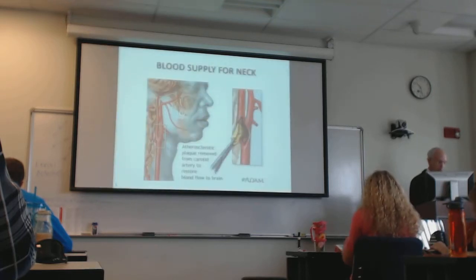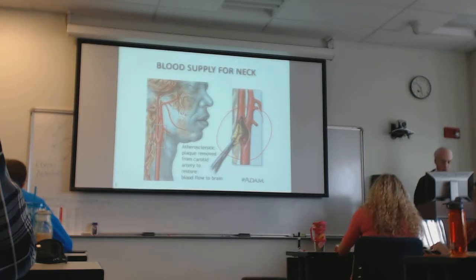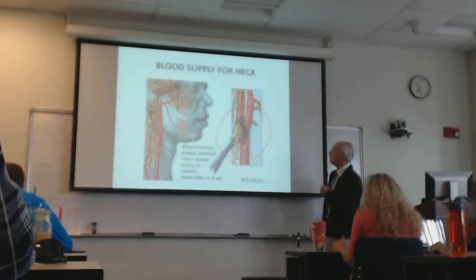All right, let's continue our examination of the neck. We've talked about the blood supply to the neck. We've already indicated this very critical region in the neck, where the common carotid bifurcates into the external and the internal.